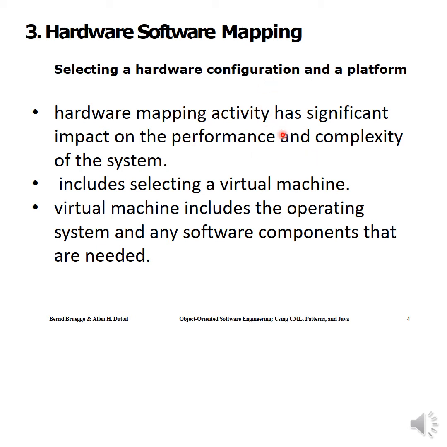Selecting a hardware configuration also includes selecting a virtual machine onto which the system should be built. So what is a virtual machine? A virtual machine includes the operating system and any software components that are needed by the system.